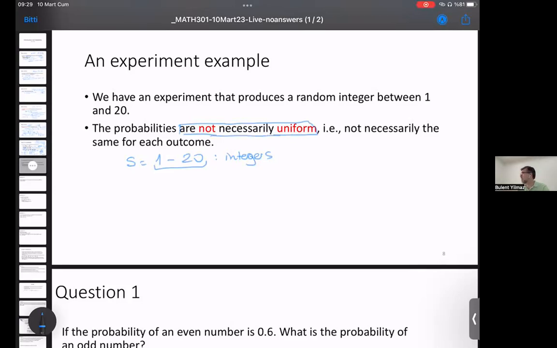The probabilities are not uniform. What does it mean, guys? Abdul Kadir, what do you think? What does it mean that the probabilities are not necessarily uniform?